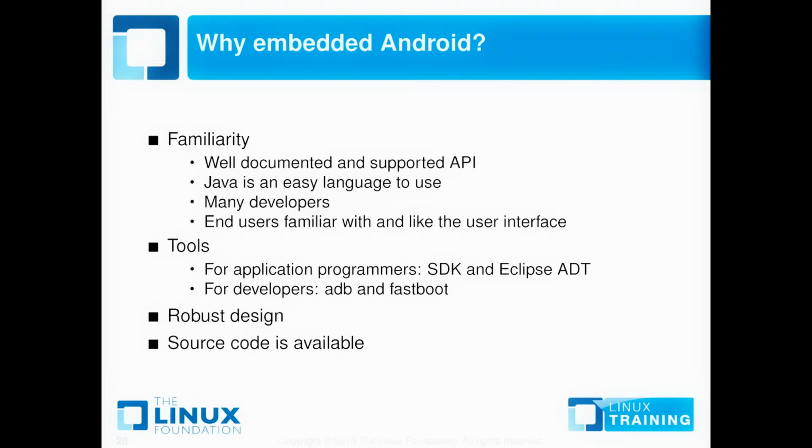And then from the developer's point of view, we have not only the well-known SDK and Eclipse tools, which again are available from online websites, but also from the lower level stuff, which is what we're really talking about here in this training session. We have tools like ADB and Fastboot, which make developing and updating devices very easy. Add to that the fact that the Android operating system is very robust, it's well designed, and finally it is open source, which is crucial. We wouldn't be able to do this stuff if it wasn't.